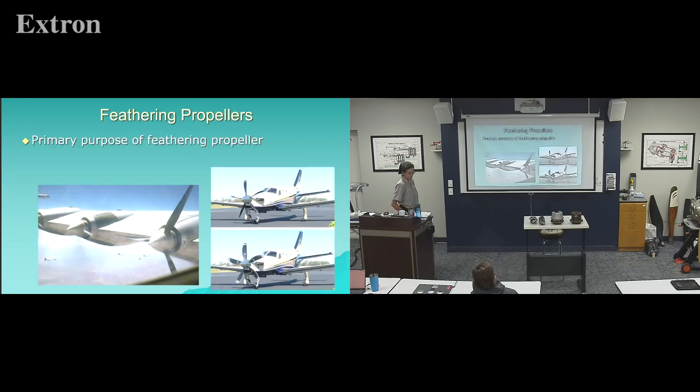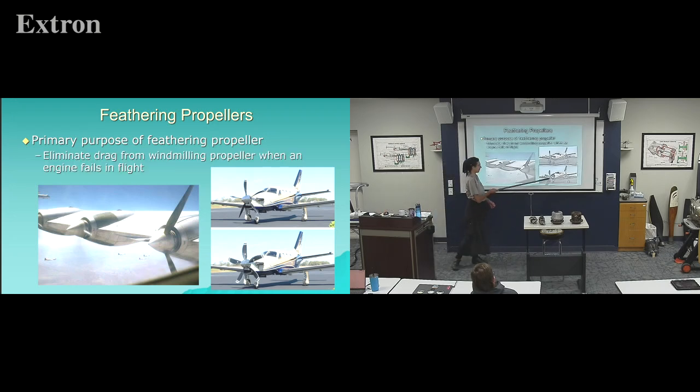Here is, anyone know what this aircraft was or is? B-36 Peacemaker. It's supposed to have 5 turning, but we got a problem. So what is the purpose of feathering? Reduce drag when an engine fails in flight.